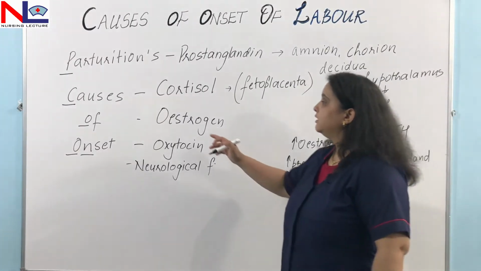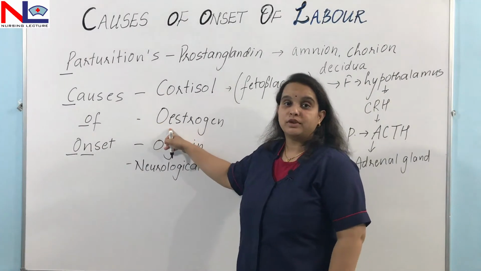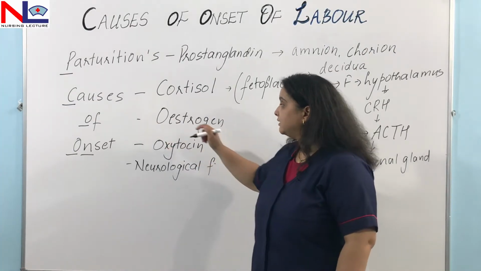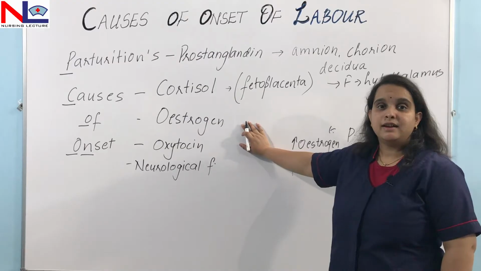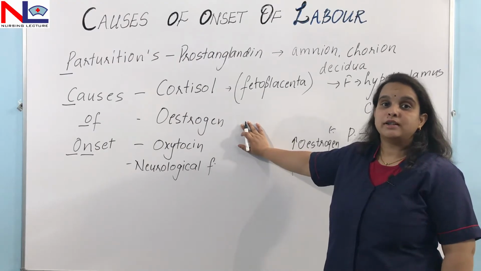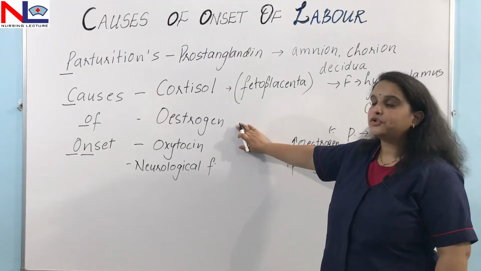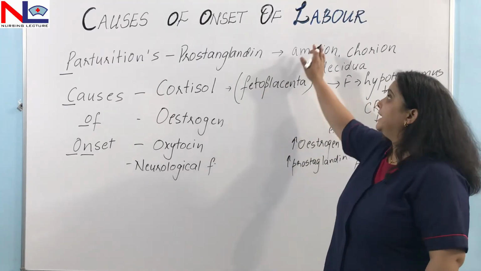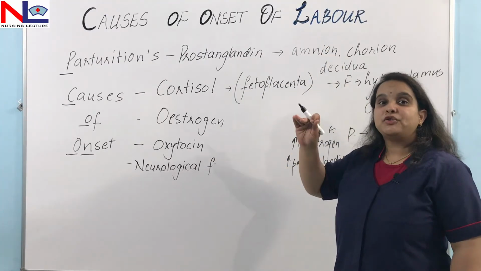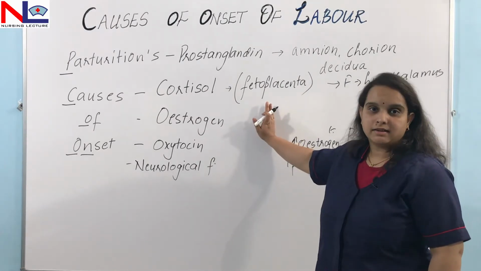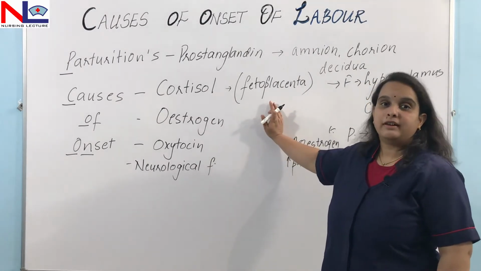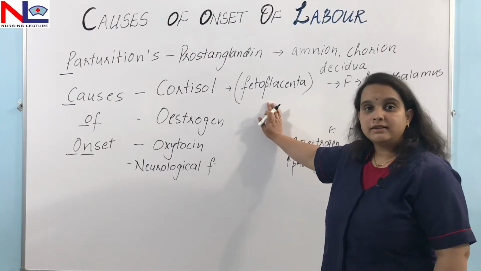Now next comes O, that is estrogen, a very important factor. Usually estrogen is released throughout the pregnancy, but the amount of progesterone is much higher in comparison to estrogen. But at the time of labor, the progesterone level declines and the estrogen level rises. How is it rising?